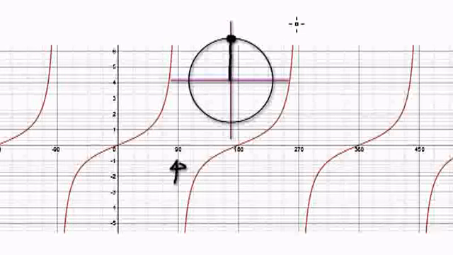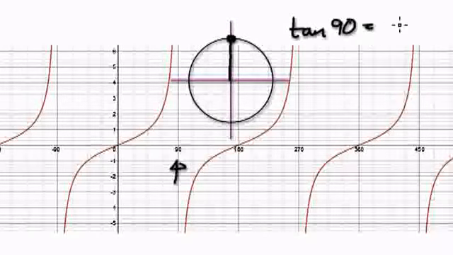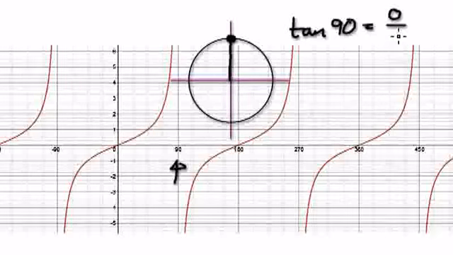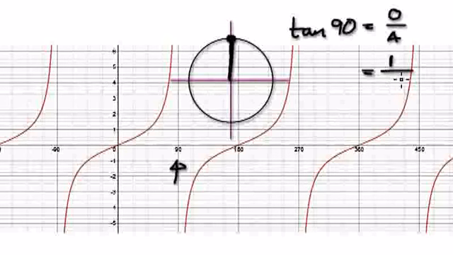So here, remember, tan of 90 equals opposite over adjacent. Now the opposite here, the height, is let's say 1.